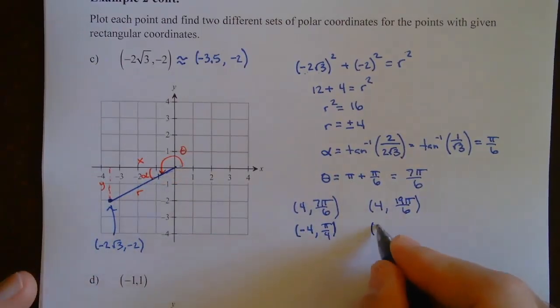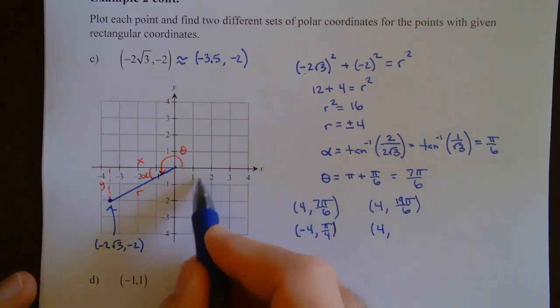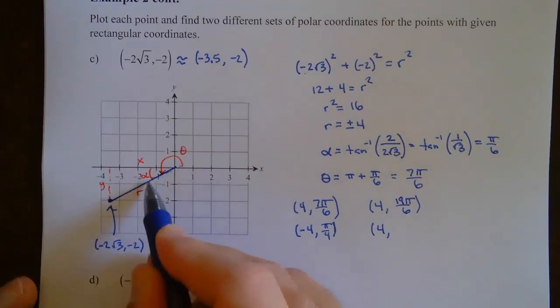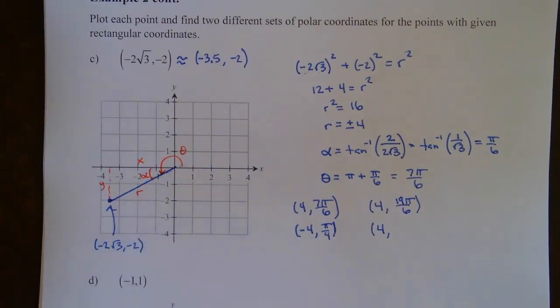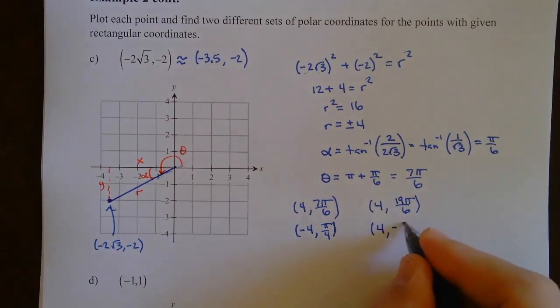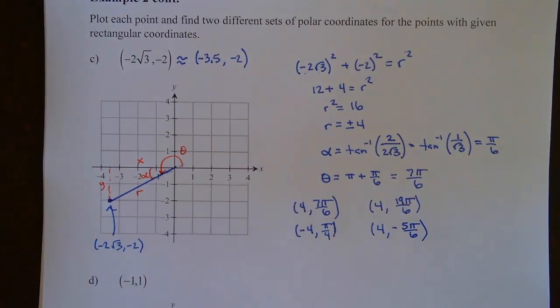So we could also do 4 comma, and if we rotate this way with a negative angle, if this is pi over 6, this angle right here would be negative 5 pi over 6. Okay, so all of these describe that point right there.